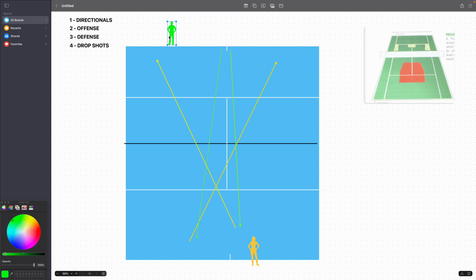Green's going to come over and play to 4 again. This is the pattern. Yellow's going to come over and play again, maybe a more offensive shot this time. Decides to take a little bit more risk and go shorter. If green's a good defensive player, they're going to come over here and play again to 4.